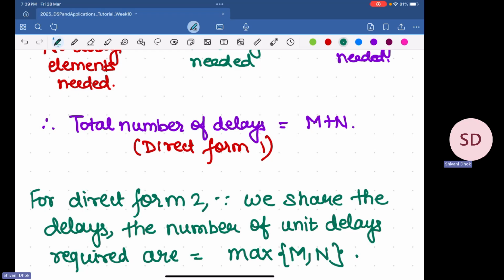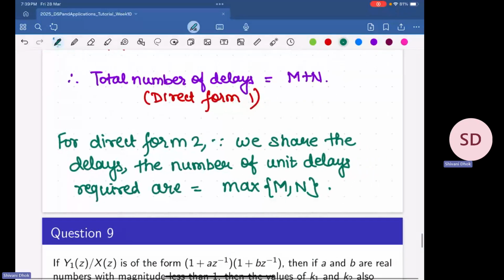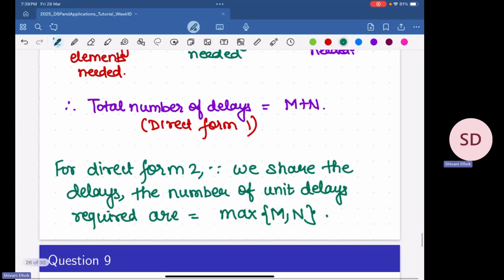Is it clear? Any questions till this point? This point is clear to you? The one for direct form 2.